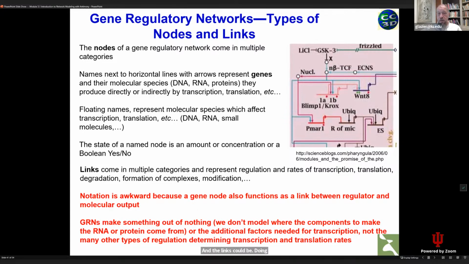They could be binding to the RNA, binding to the gene to turn it on or off, the RNA being modified, or the post-translation protein being modified. So there's some awkwardness in the notation that we have to live with, that I'm not going to be able to handle for you today. Just be aware of it.